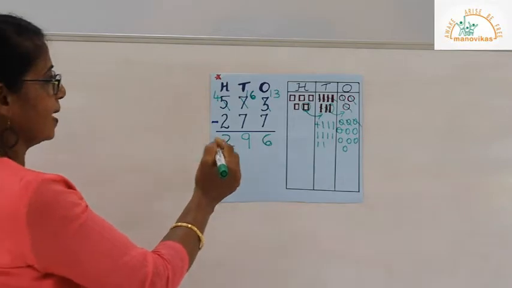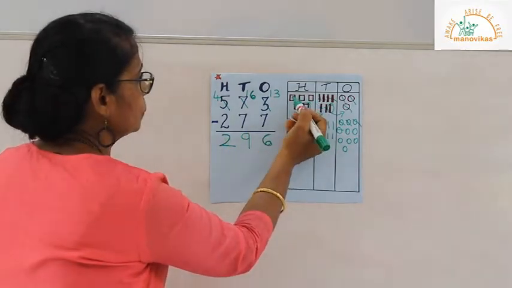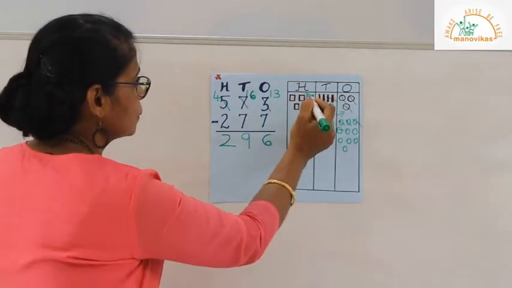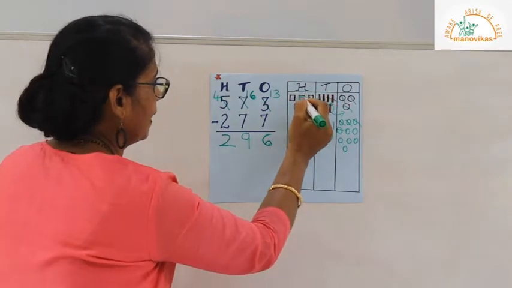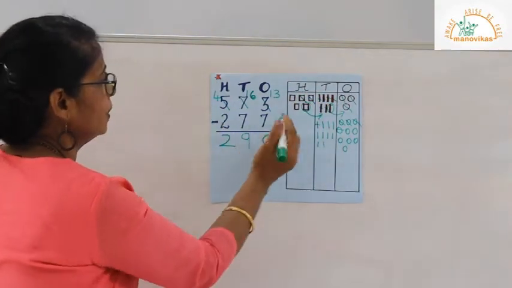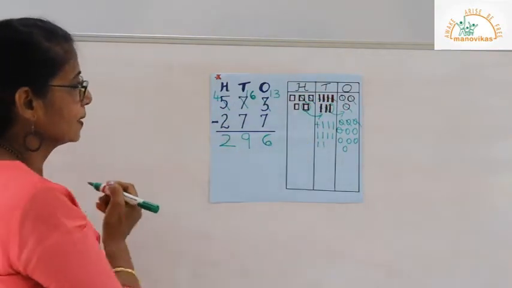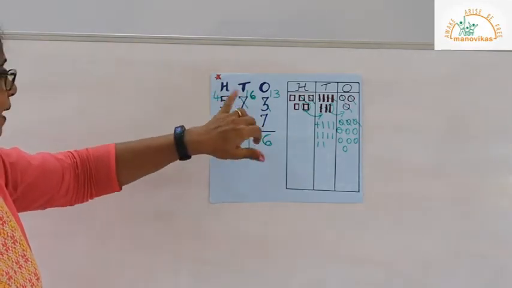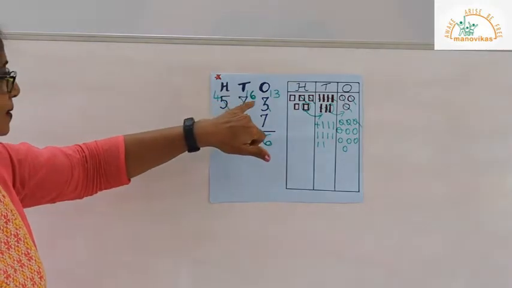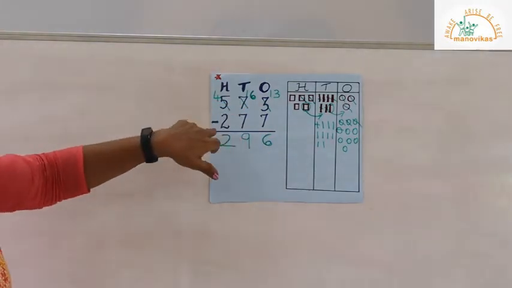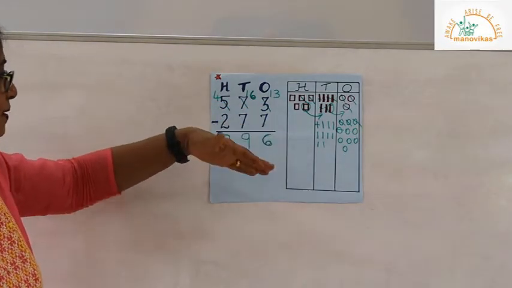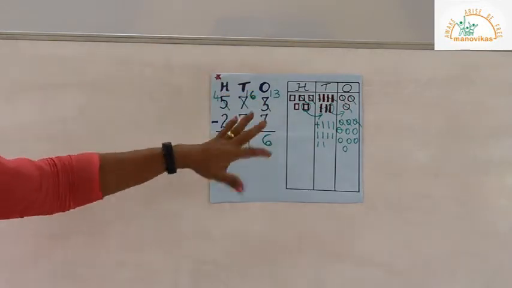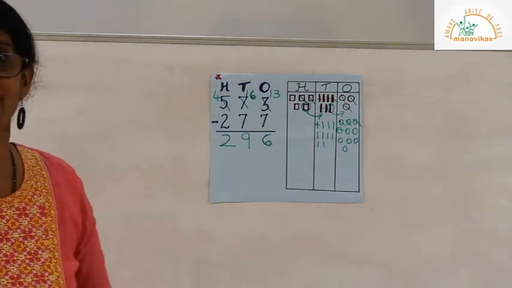So we take away 2 and we get 2. So the difference that we have found when we take away 277 from 573 is 296.